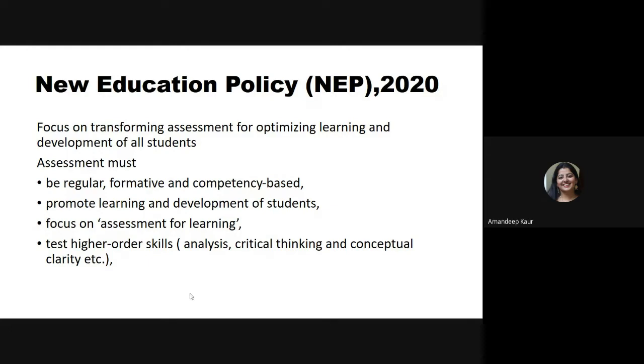I can design one problem based assignment for my students, and maybe 1 or 2 classes I spare for that particular activity only. The students need to perform that activity while sitting in the class in the presence of the faculty, when the teacher is there to give them valuable feedback, to give them direction, or to deliver additional input that is required by the group of students. So this kind of assessment activity helps us to promote learning and develop our students.